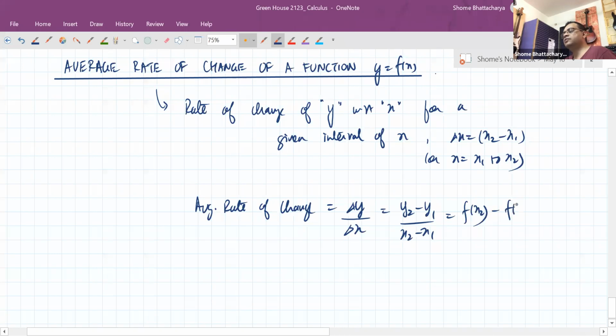What is y1? It is the value of the function at the point x1. So this becomes the formula for the average rate of change for the function y equal to f of x from the point x1 to the point x2.